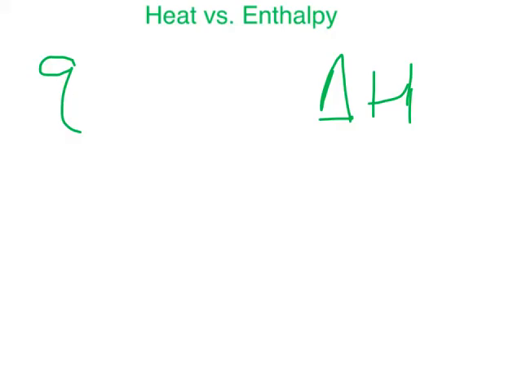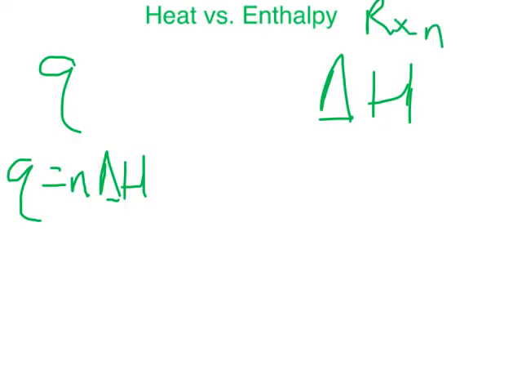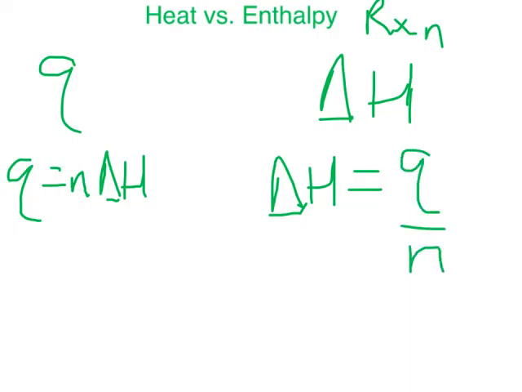If I wanted to look at the differences here, just mathematically, we'd have Q is equal to n, which is the number of moles, times delta H. So the Q of the reaction would be equal to n delta H of the reaction. Now the delta H of a reaction would be just a rearrangement of that, equal to the amount of heat divided by the number of moles.